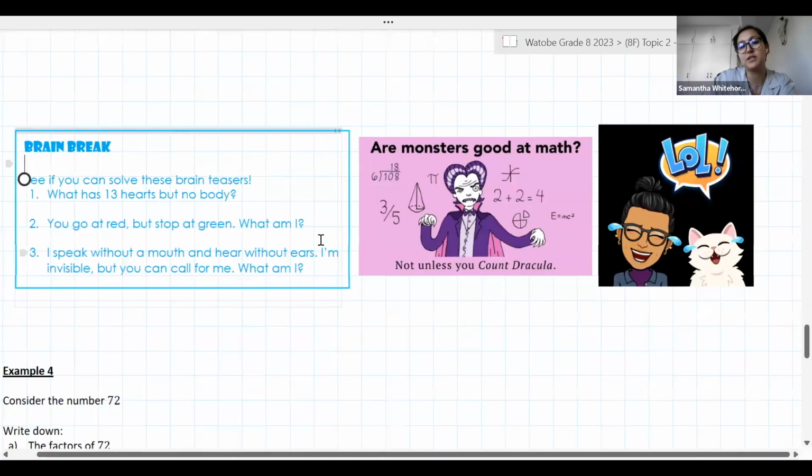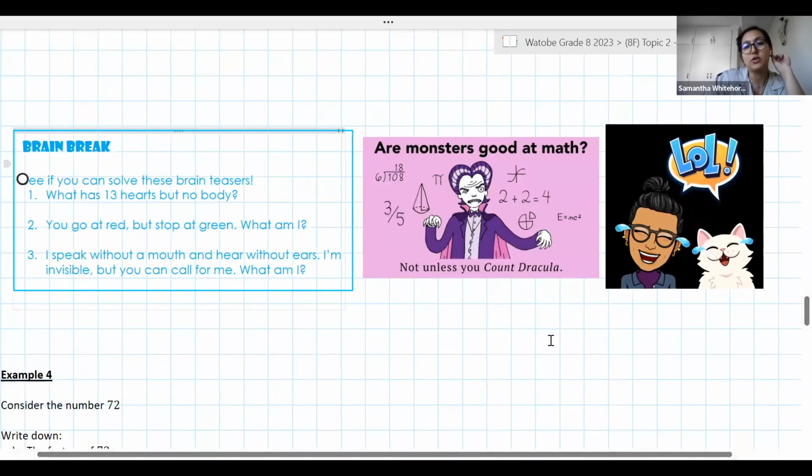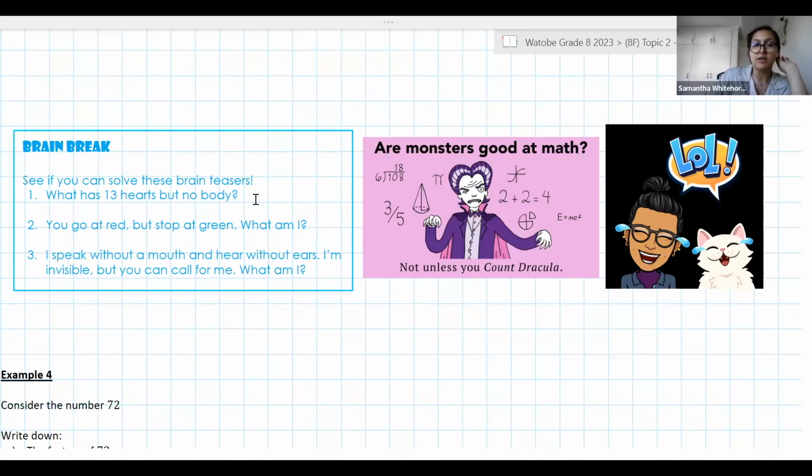So brain breaks are a little bit different because it's not really mathy, and every now and then I like to take a break from the maths. It's 3 little riddles, or brain teasers, or whatever you want to call them. So have a think. There's 3 of them. The first is what has 13 hearts but no body. The next is you go at red but stop at green.